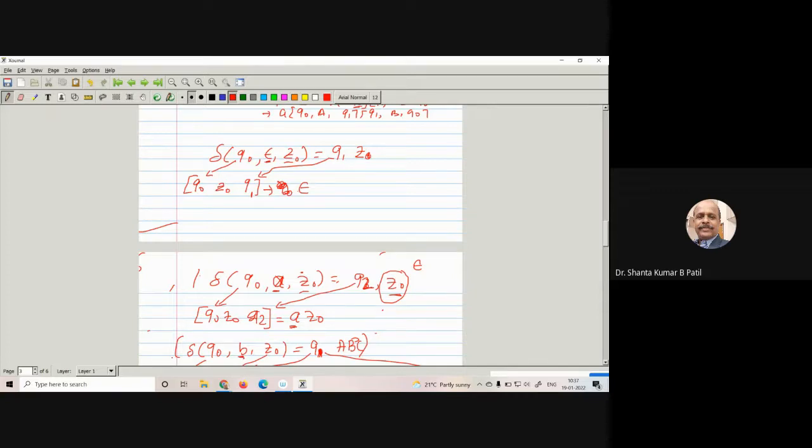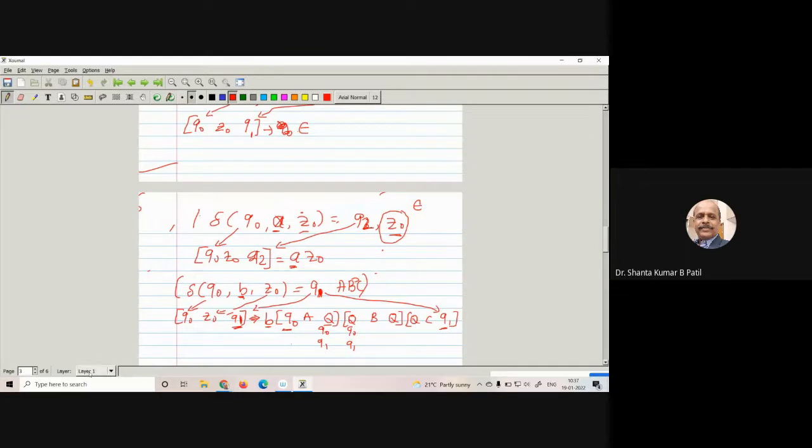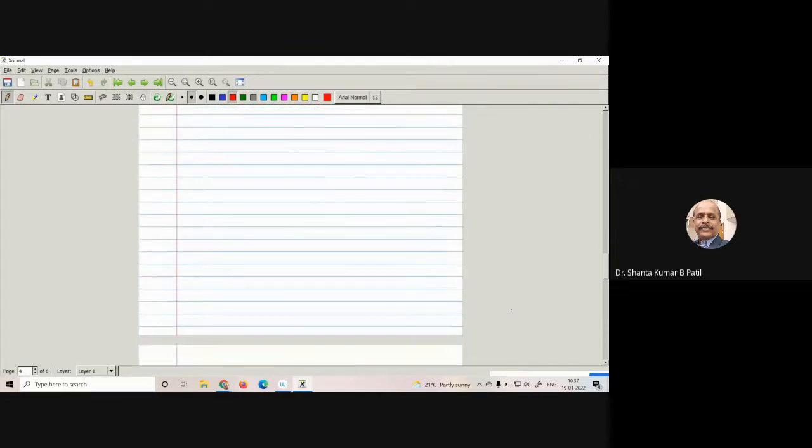That is why most of the time questions are not there, but bad luck, you may have questions on this conversion from PDA to CFG. So this is regarding equivalence.